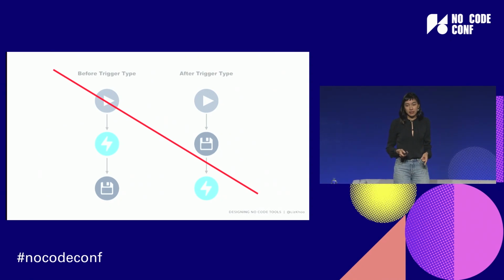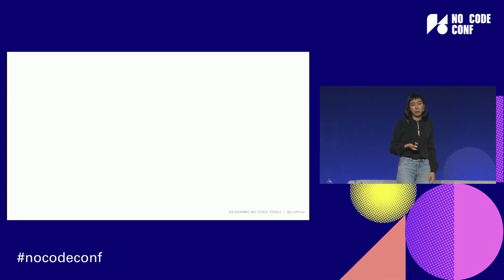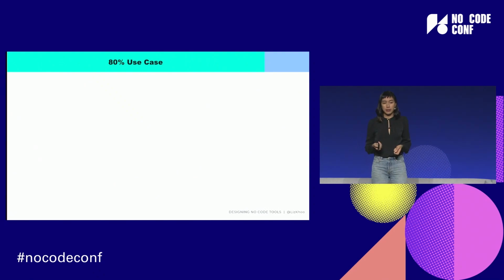So of course we're adding it in, but how do we introduce it, right? So by looking at customer usage data around trigger types and by listening to customer feedback, we were able to determine what the 80% use case is.